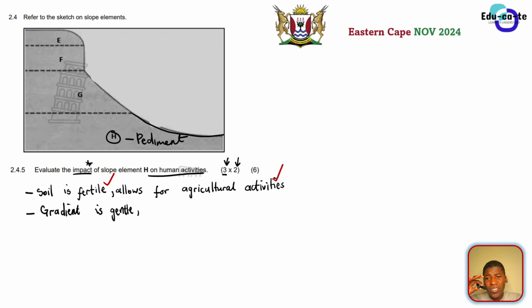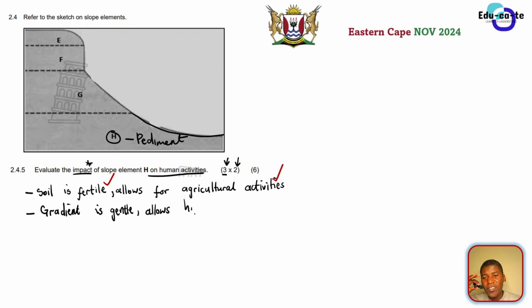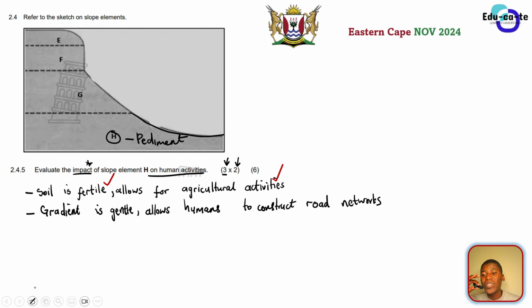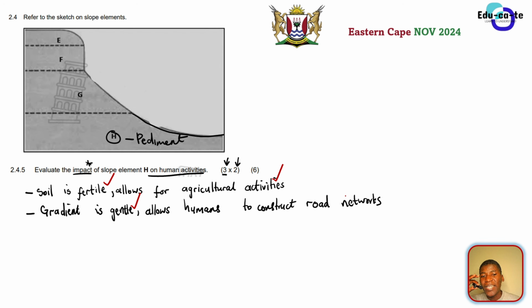So you can say that it allows humans to construct, maybe road networks, or any activities that can benefit the economy. This is due to the gentle gradient that we find at the pediment.